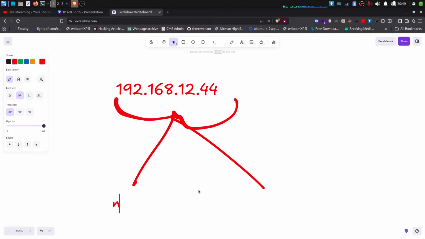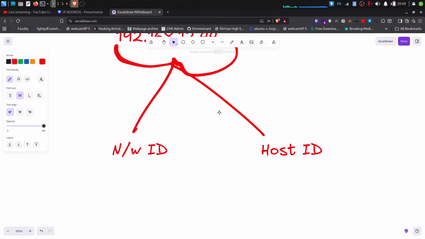Network and host. Perfect. Who's this? Nashra. Very good. Okay. So we have network, I'll just write it down like NW, Network ID. And the second we have is host ID, or network part or host part, whatever you guys want to say.